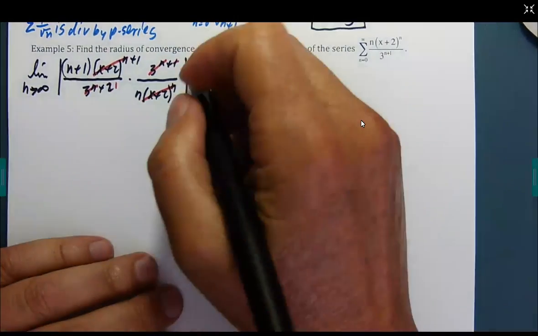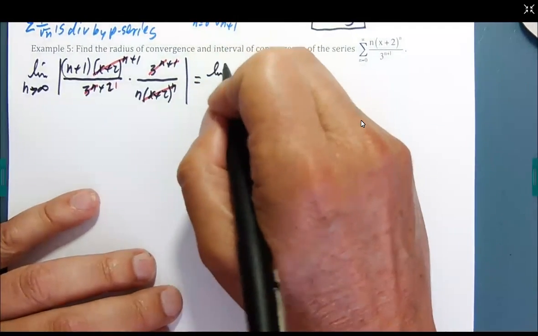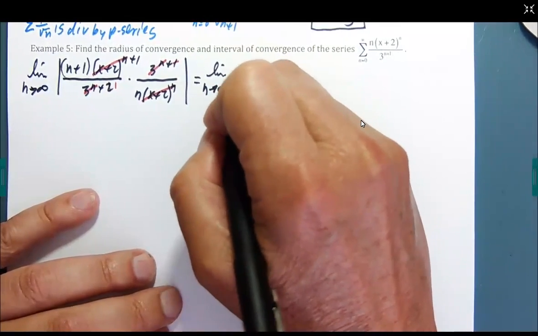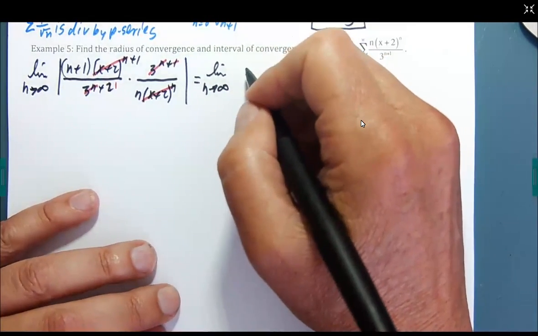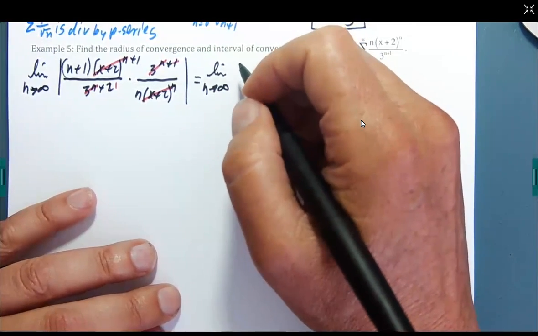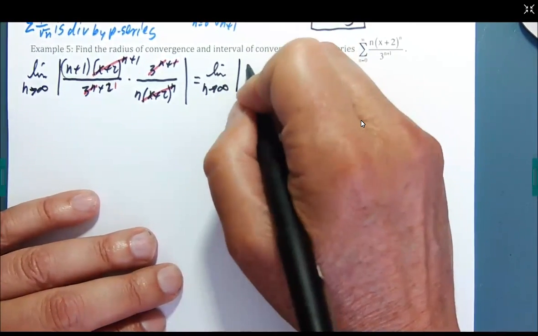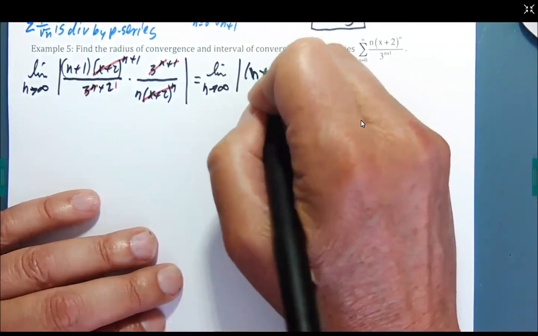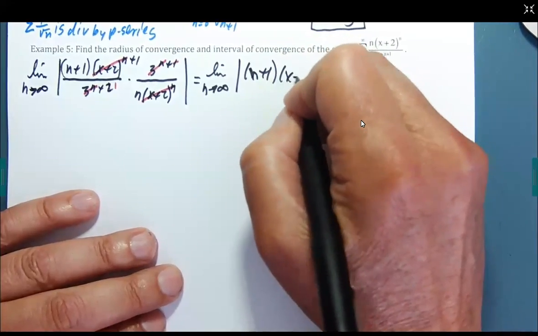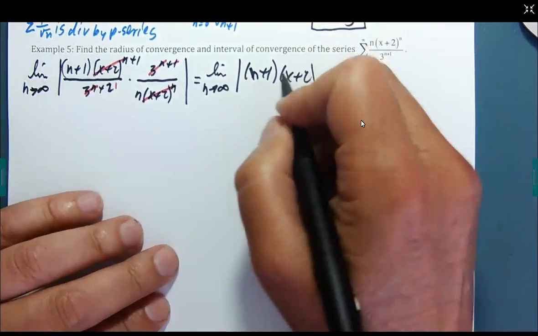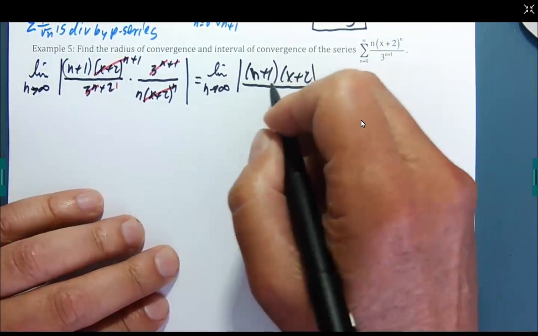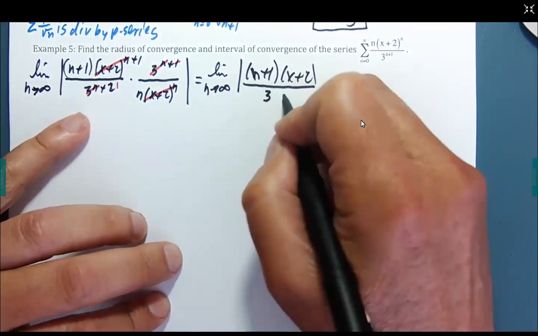And in this aftermath, we have the limit as n approaches infinity of the absolute value of n plus 1 times x plus 2. I have 1 left over 3n.